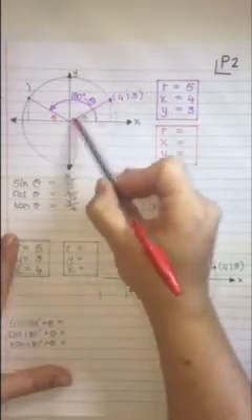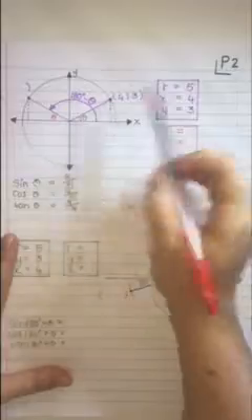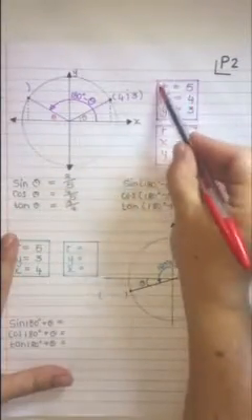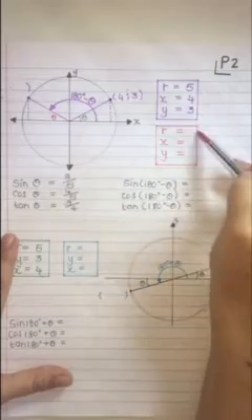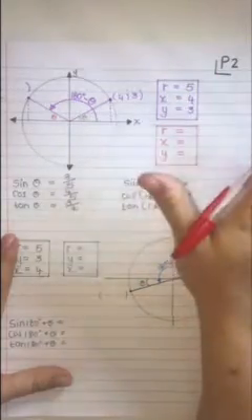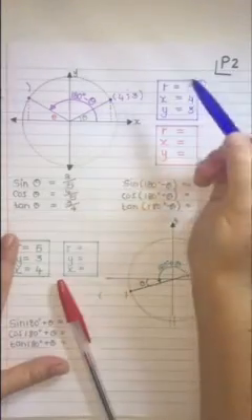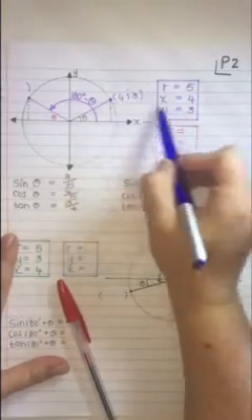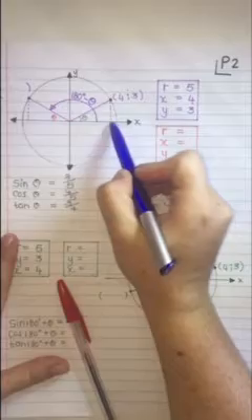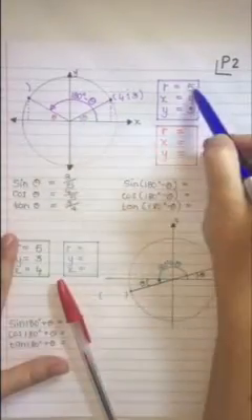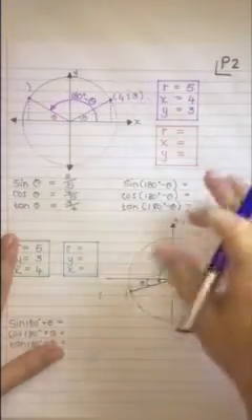So the first step before you do anything, you're going to work out r with Pythagoras. I already did it for you, because that part you know and it's easy. So you can see x is 4, y is 3, and r is 5. You can work it out, you'll see that you get 5.